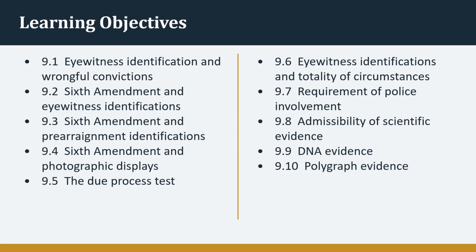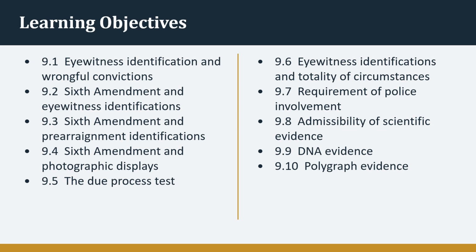Before we dive in, let me walk you through what you should be able to do by the time you finish this chapter. Objective 9.1 asks you to understand the connection between eyewitness identification and wrongful convictions. We will spend real time on the data here because the numbers are striking and they explain why this entire area of law exists.